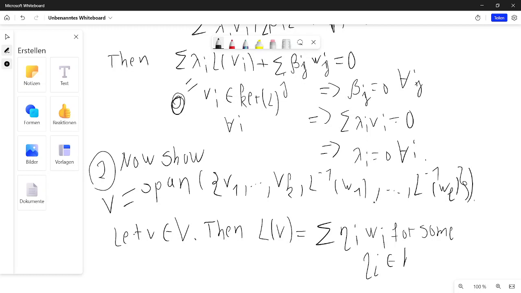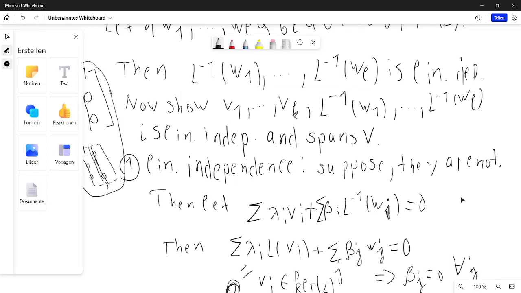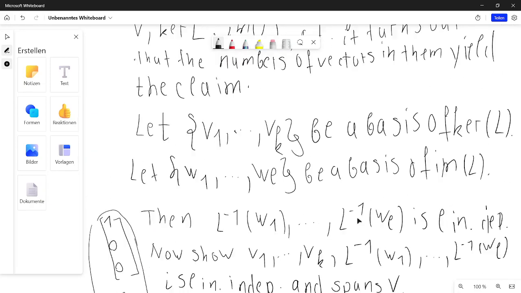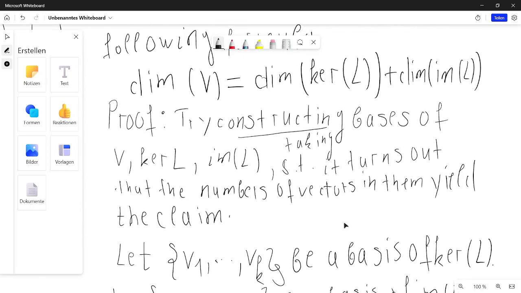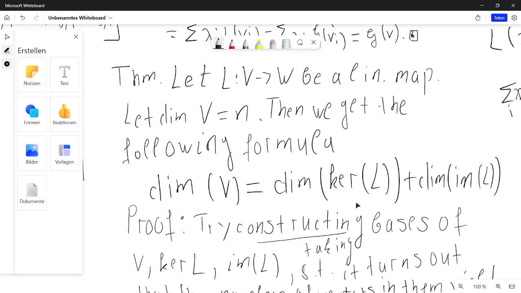Some lambda i in K. Remember, everything is K vector spaces. But that's, by the way, important. We should even state that in the film. K vector spaces, so same field.